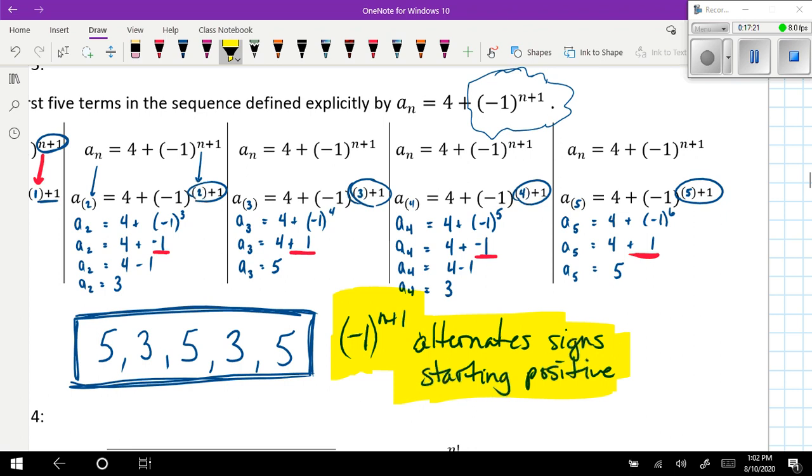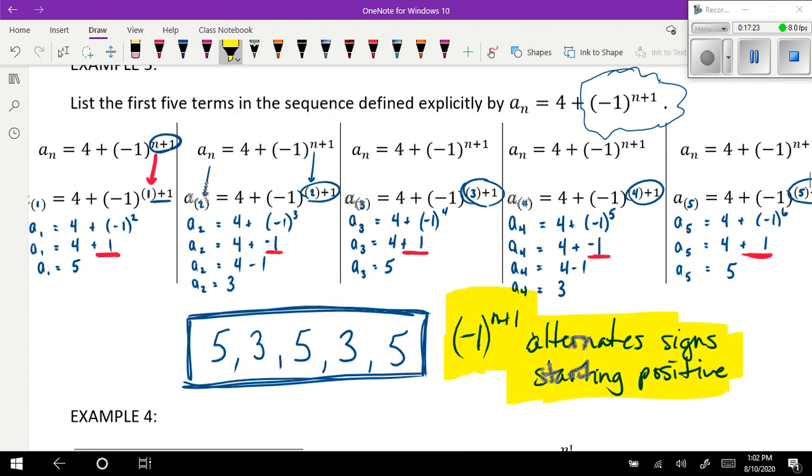Plus, one more thing just to mention here, since I am alternating between 5 and 3 and 5 and 3 and 5 and 3, it does make sense that the 4 is involved in the problem, I hope, because whatever is smack in between the 5 and the 3 is what you have to add or subtract something to in order to get that number. So 4 plus 1 gives you the 5, 4 minus 1 gives you the 3, 4 plus 1, 4 minus 1, 4 plus 1, 4 minus 1.